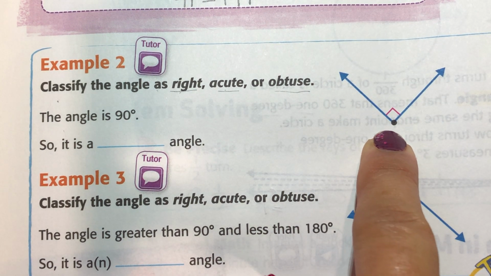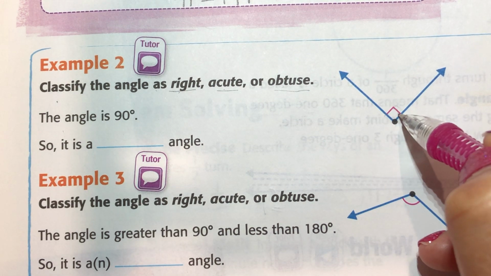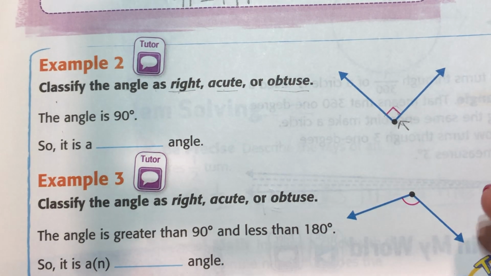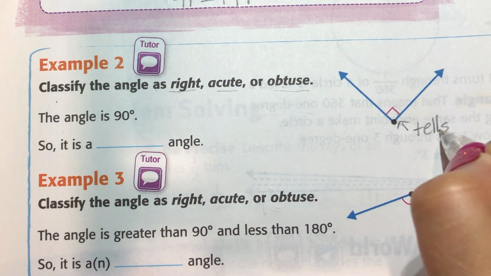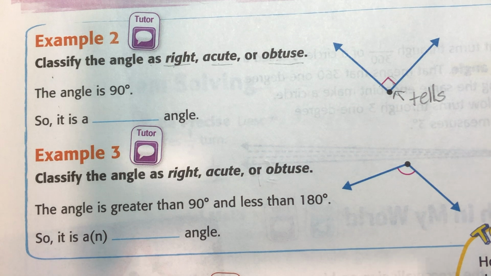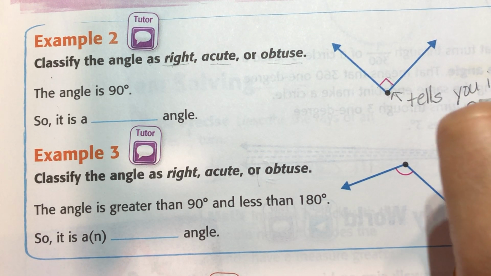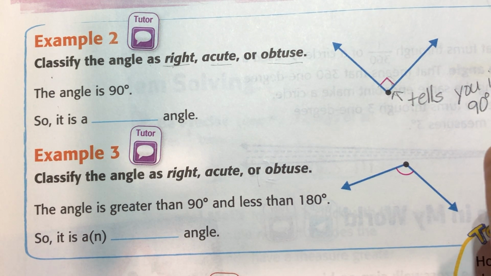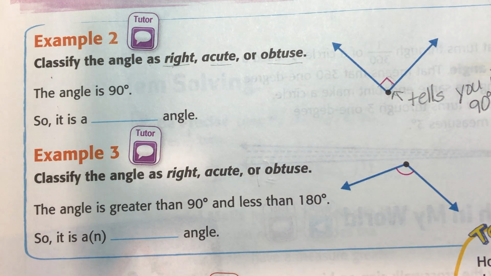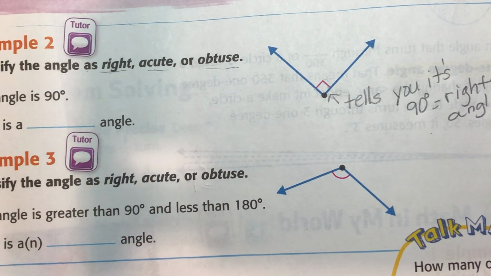Look at this one. It looks upside down, okay? But see this little square here? That's important because it tells you what? Write this down: it tells you it's 90 degrees, which equals a right angle.